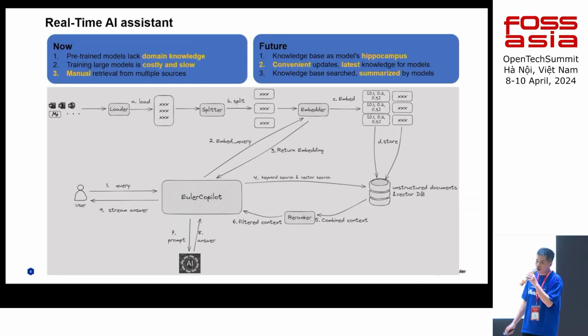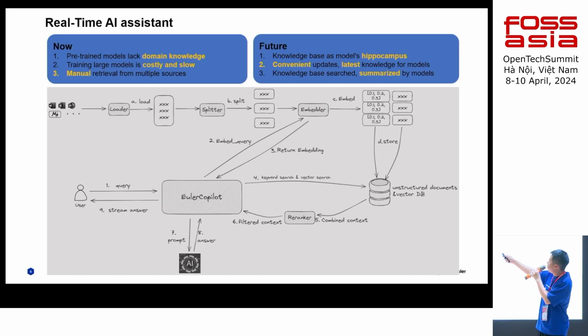Okay, so the reason our Q&A service is a real-time AI assistant is that we constructed a data embedding pipeline.